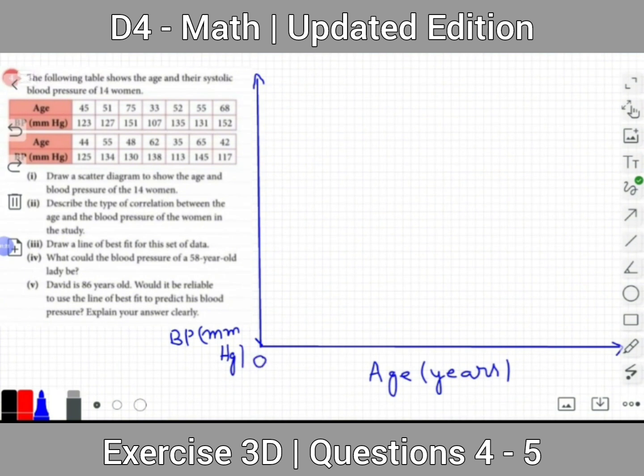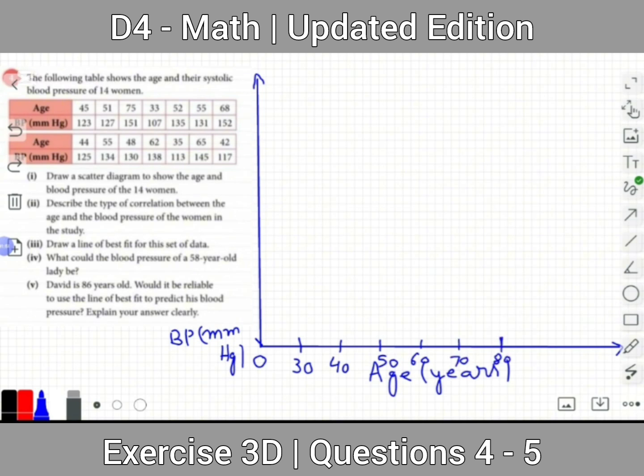Here we have 0, now we have 30, 40, 50, 60, 70, and 80.